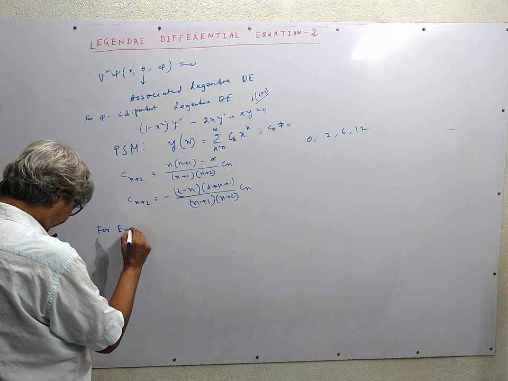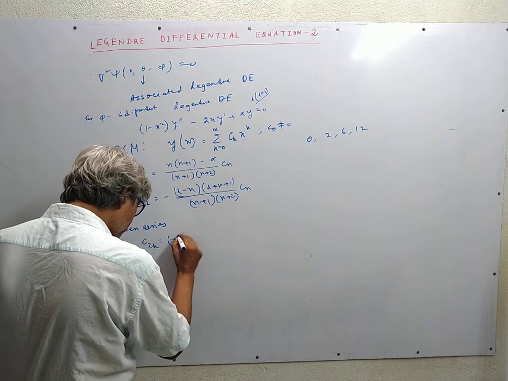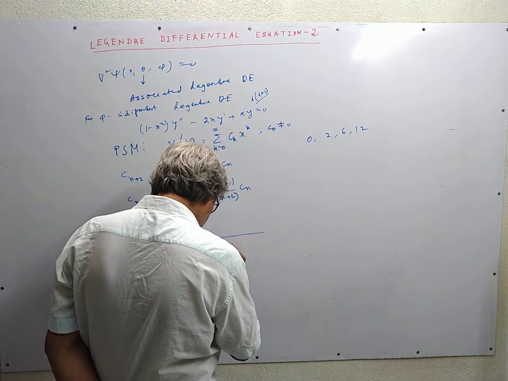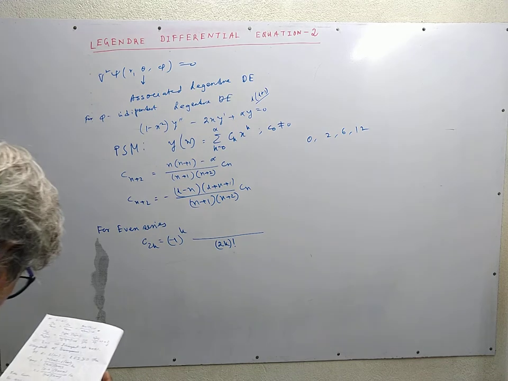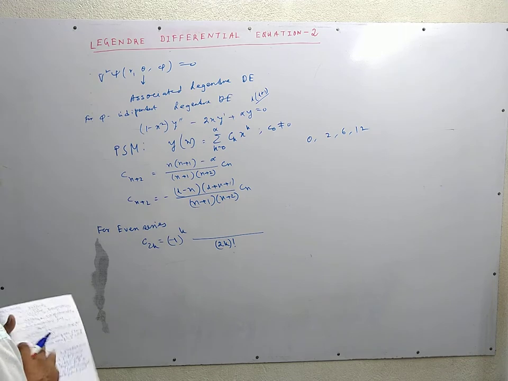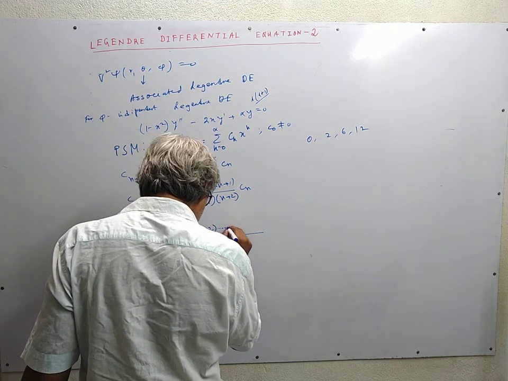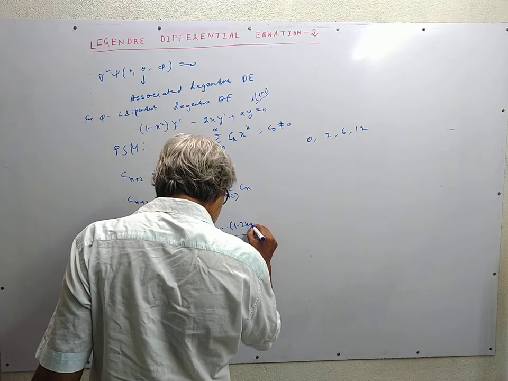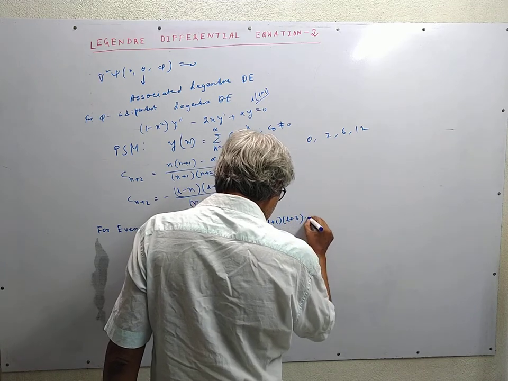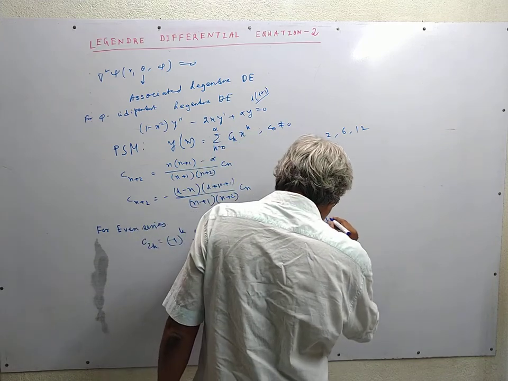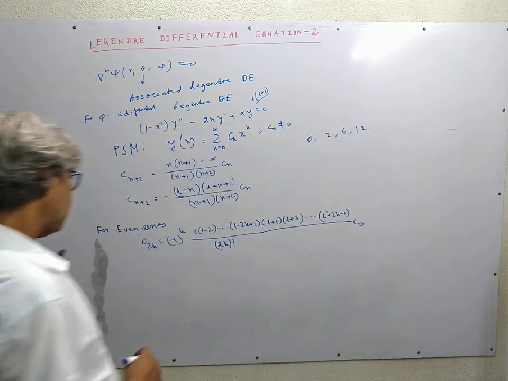Then with this we go to the even series, and for the even series we obtain that the general term C of 2k is equal to minus 1 to the power k times the product factors divided by 2k factorial, times C0. This is the general expression.